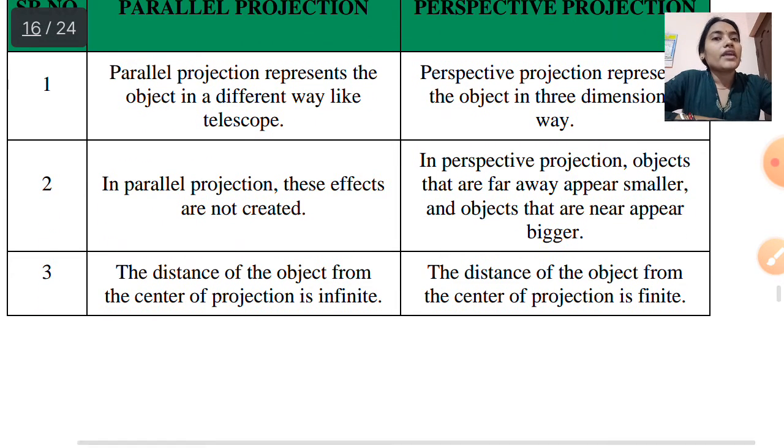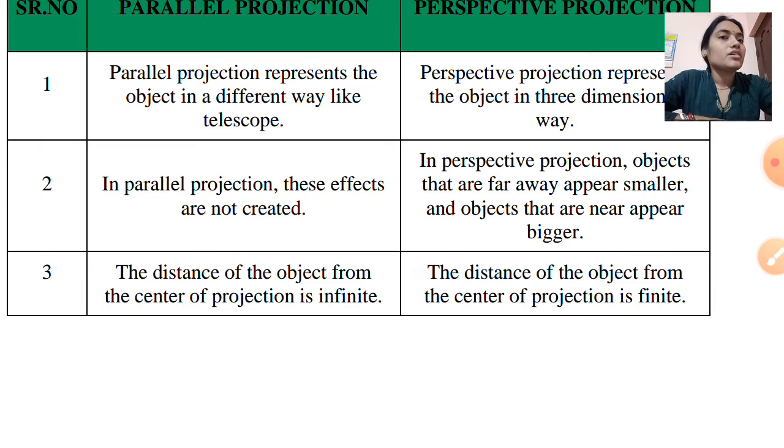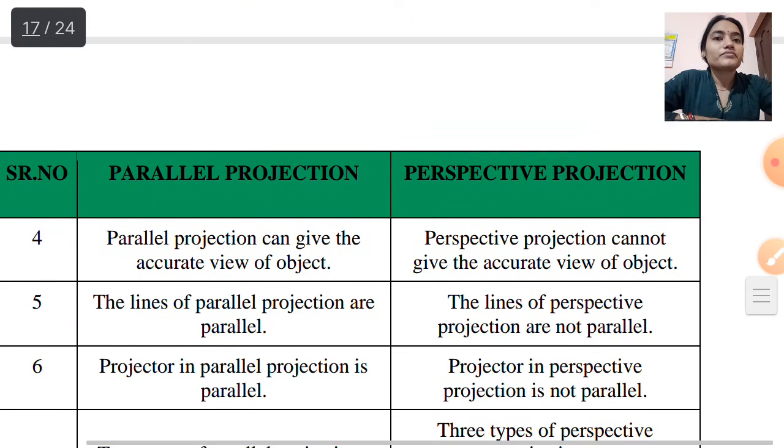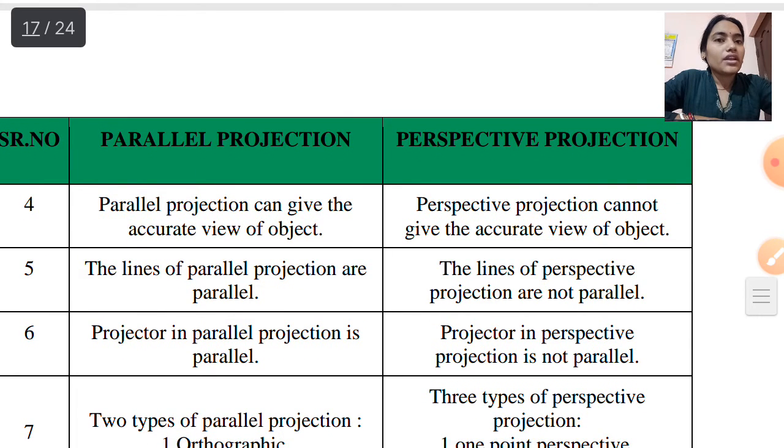And in parallel, the distance of the object from the center of projection is infinite, but in perspective, it is finite. In parallel it gives an accurate view of the object, but in perspective it cannot give an accurate view of the object.